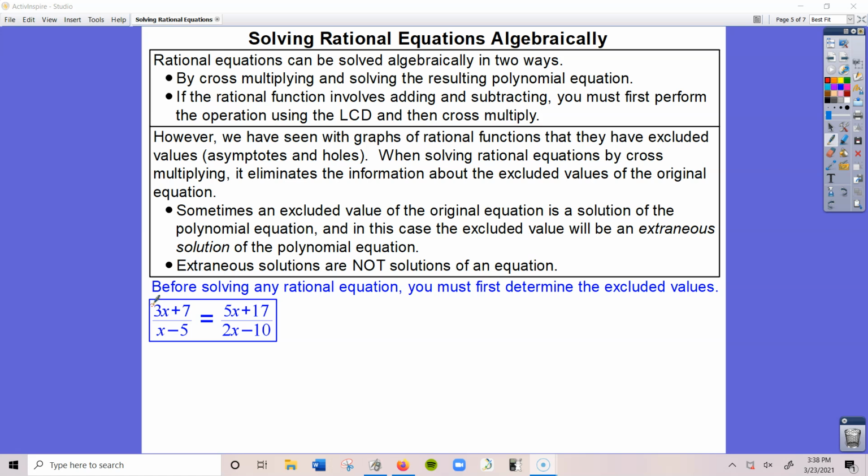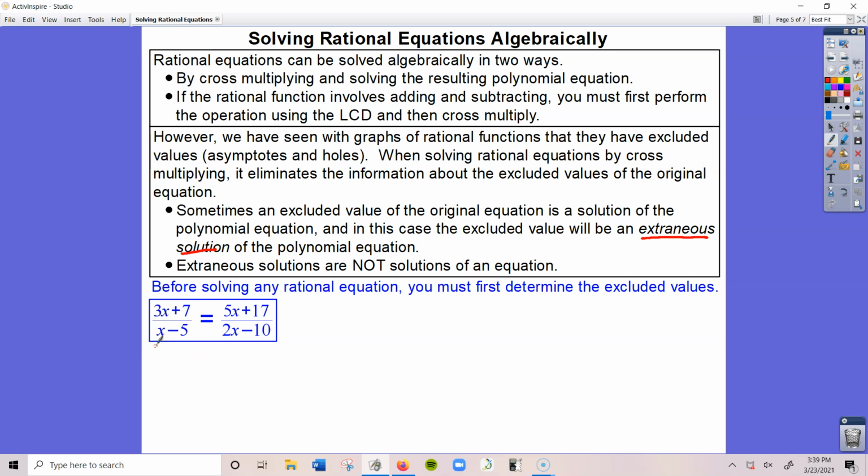And that way, when we find the solution, if the solution gives us one of those excluded values, then that is not an actual solution and is called an extraneous solution, which just basically means a solution that doesn't necessarily work. It's not a solution of the actual equation. So that's what we're going to do first, is to figure out what the excluded values are.